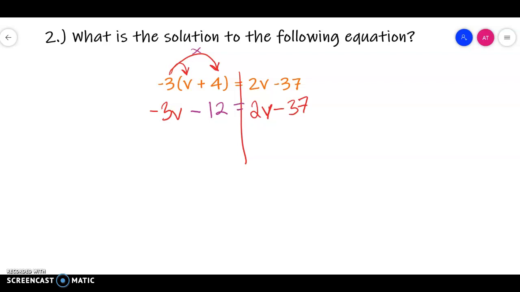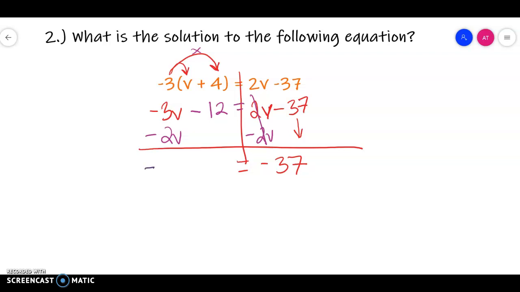So we want all of our v's to be on the left side. So what we're going to do is the opposite of a positive 2v, which is a negative 2v. So I'm going to subtract 2v from both sides. So if I have a -3v and a -2v, that's going to be a -5v.